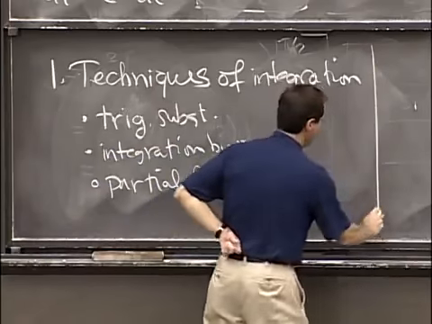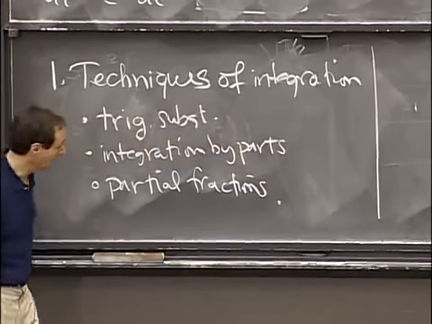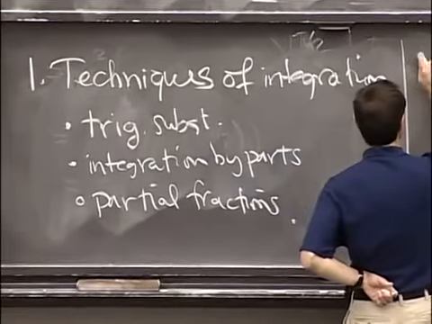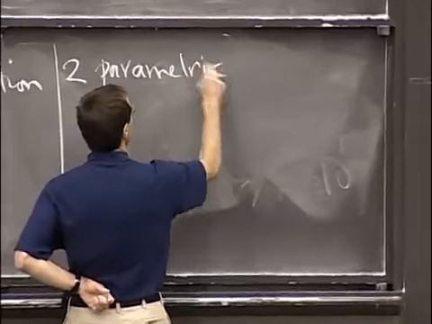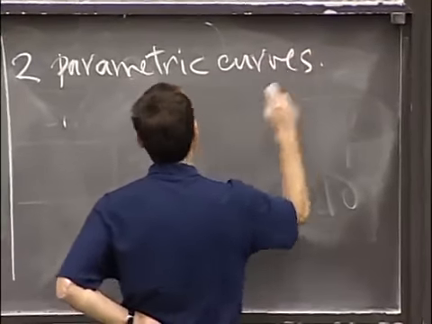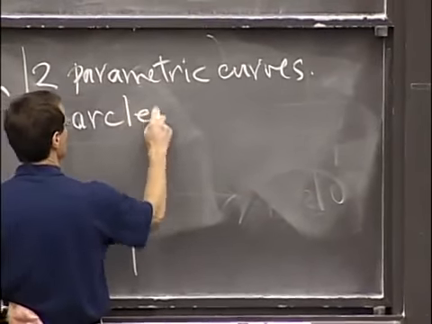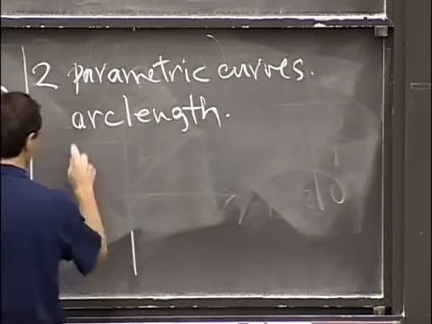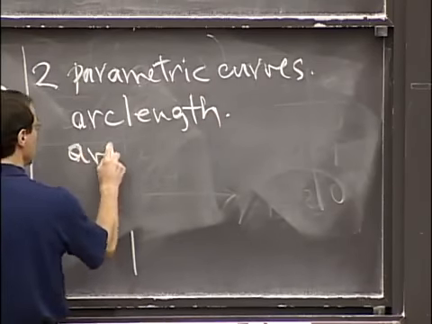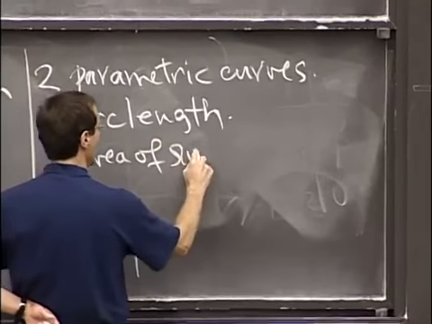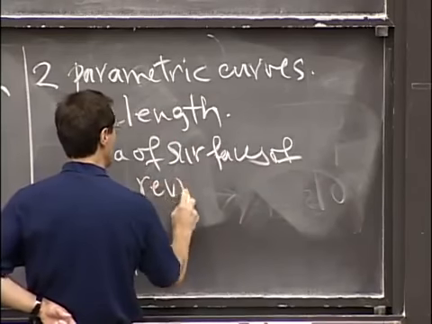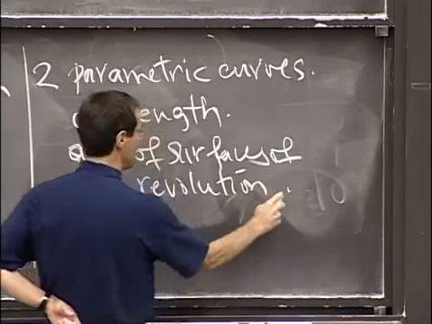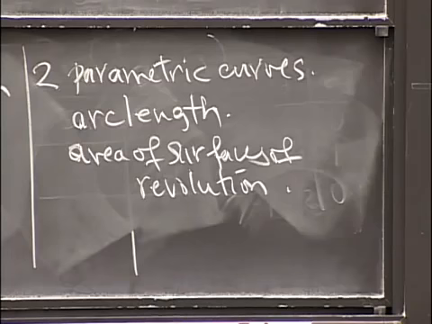So that's more than half of the exam, right there. The other half of the exam is parametric curves, arc length. These are all interrelated. And area of surfaces of revolution. Those are the only kind that we can handle, just as we did with volume of surfaces of revolution.